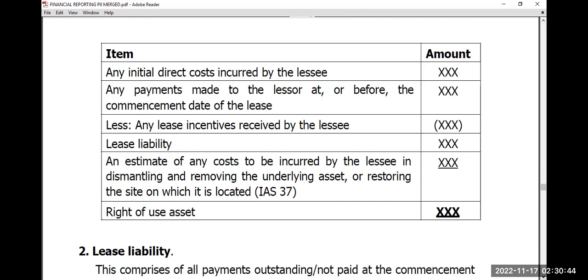And the last one is going to be the estimated cost of dismantling and restoring the sites. This one we shall look at in detail, but what you have to understand is that these are costs we incur if, let's say, you are leasing land.